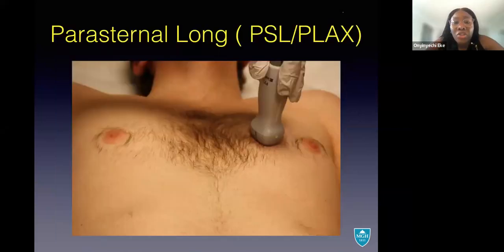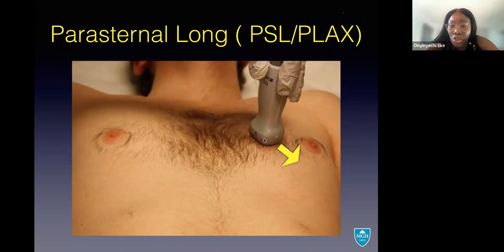So let's start with the parasternal long axis view. So again, cardiac probe. We want the probe marker to be pointing towards the patient's left hip. I know in some orientations, some people say right shoulder, but we're just going to do the EM way, and the EM way here is going to be pointing towards the patient's left hip.